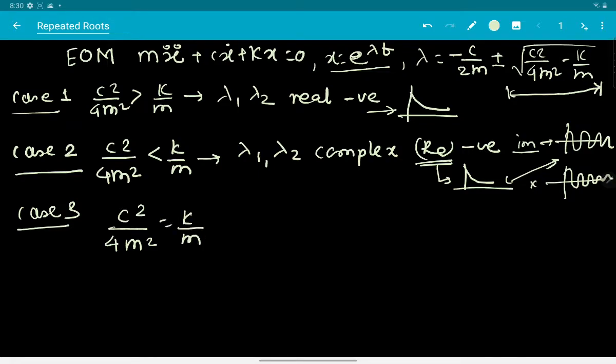So if system properties k, m and c are so chosen that k by m happens to be equal to c square by 4m square, in that case lambda 1 becomes equal to lambda 2, which we'll be referring to as lambda, and its value is equal to minus c by 2m. So we don't have two different roots, but we have repeated roots. Now what is the implication of having these repeated roots?